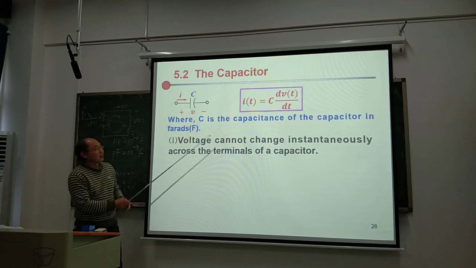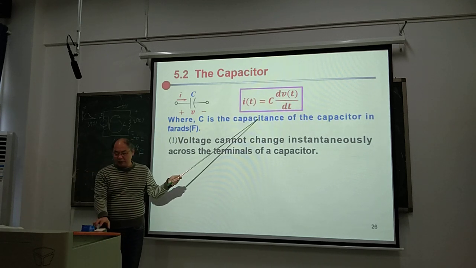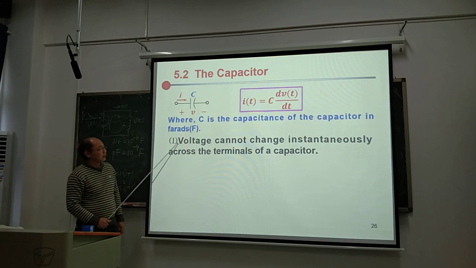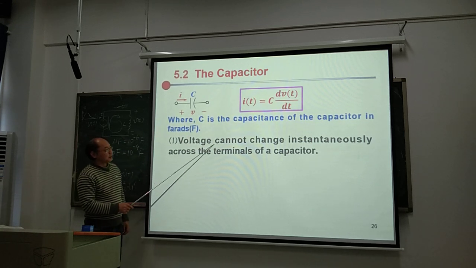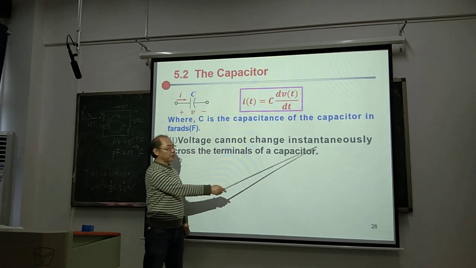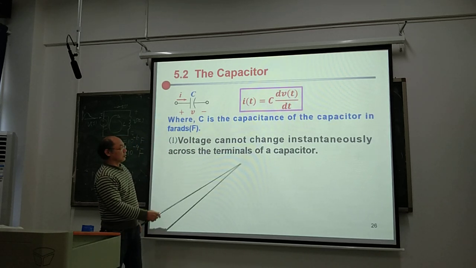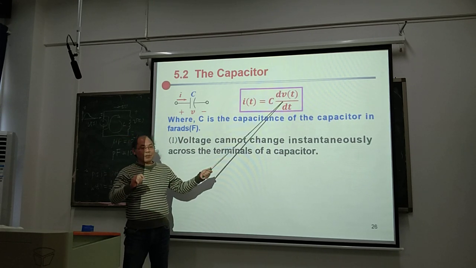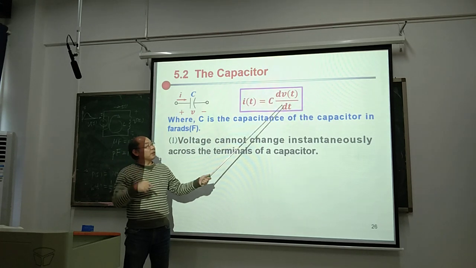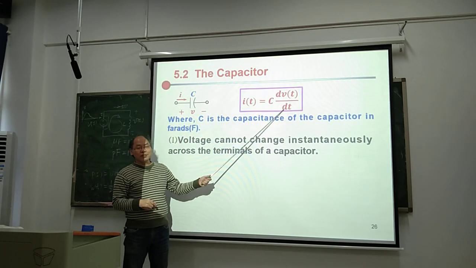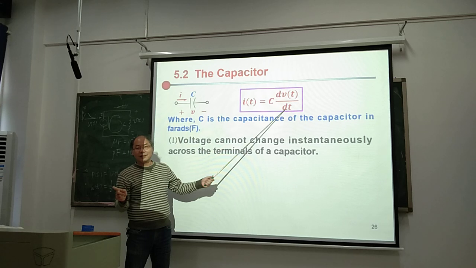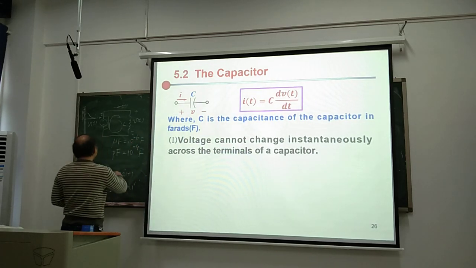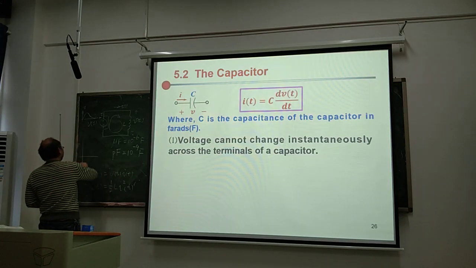And from this differential equation, first, voltage cannot change instantaneously across the terminals of the capacitor, because if we have a jump in the voltage, it means dv/dt is infinity, right?